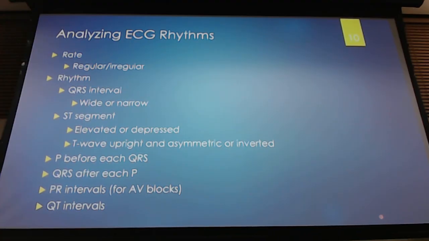Do we have P waves before the QRS complexes? Do we have QRS complexes after P waves? Because if we don't have QRS complexes after P waves, the atria are depolarizing, but what's going on? Why is the ventricle not depolarizing when the atria is sending the signal down there? Something is blocking that. What do our PR intervals look like? What do our QT intervals look like?